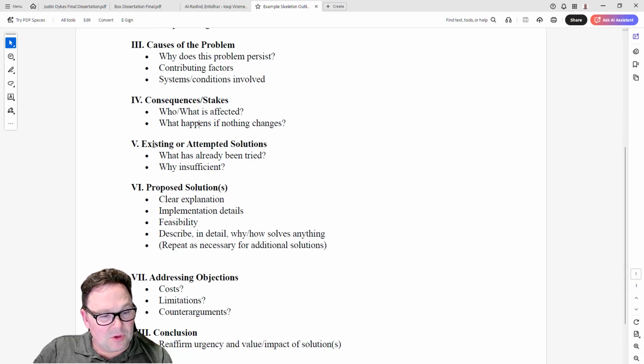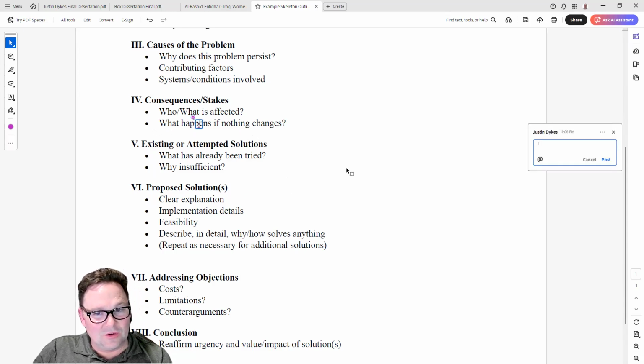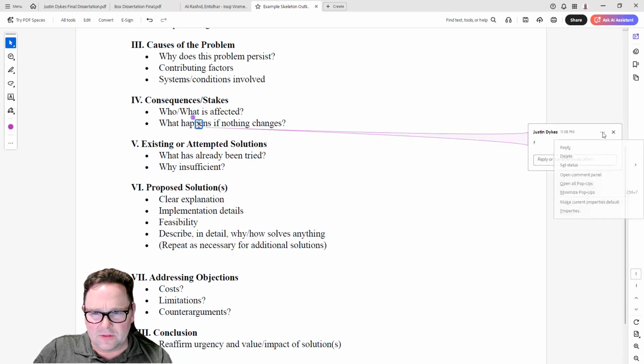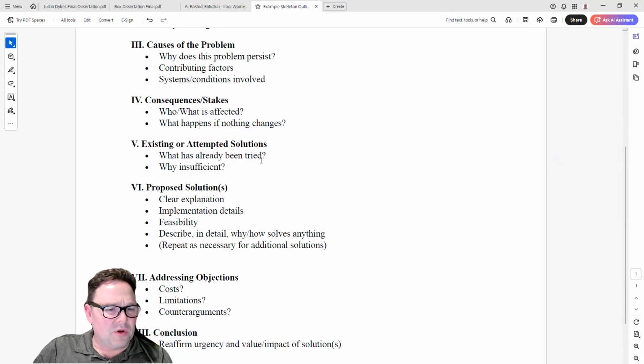Maybe your argument is that in addition to these things, if other solutions were implemented, then really some progress could be made. That would be a perfectly viable way to go about transitioning to your solutions section.